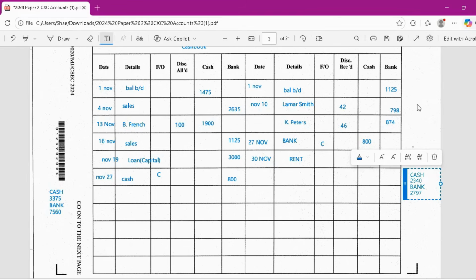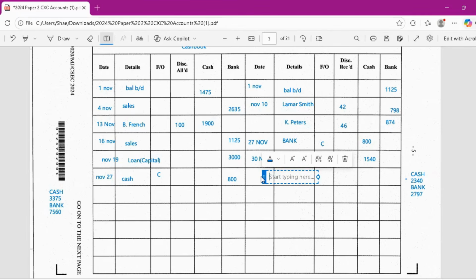All right, so we can look at these amounts and confirm that both our balance CD will be on our credit side. So we go and we put our balance CDs on our credit side. To find our balance CD, we simply subtract our credit side from our debit side.